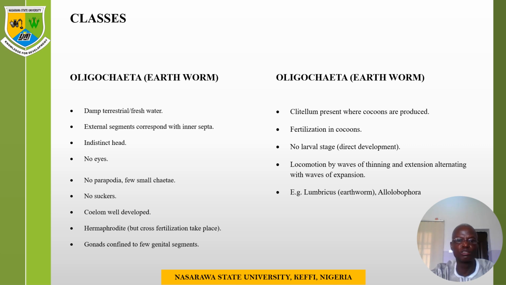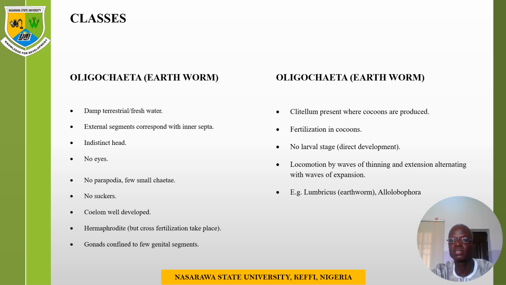Gonads are confined to a few genital segments. So it is not every segment where the gonads are found. They are only confined to the genital segments. The clitellum is present, where the cocoons are produced, and fertilization takes place in the cocoons. They have no larval stage, and the development is direct.